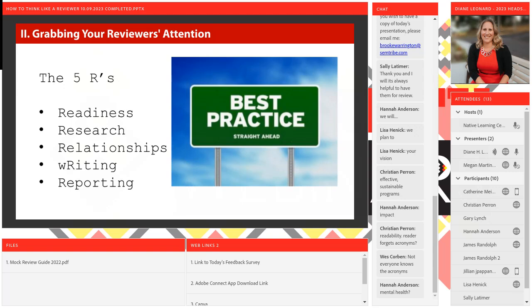Now, as we're thinking about these 5 items, whether in our life cycle circle or in our straight list here with our 5 R's, where do we think we grab our reviewers' attention? Go ahead in the chat box if you don't mind. Please let me know which of these items is it where you think you need to focus on grabbing your reviewers' attention. Spoiler alert, there is more than one answer.